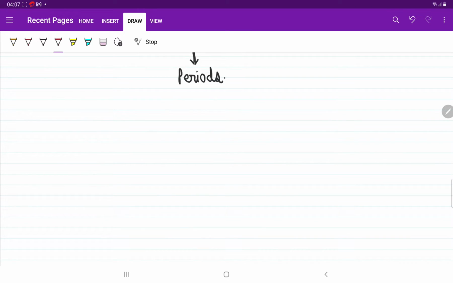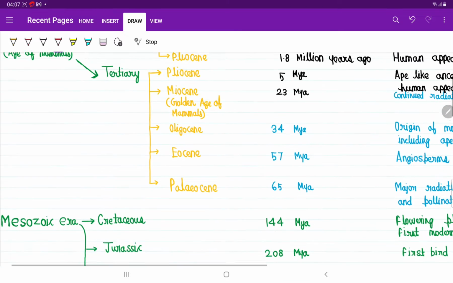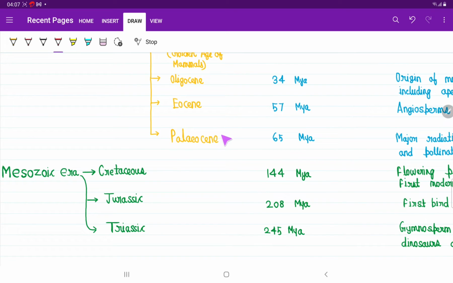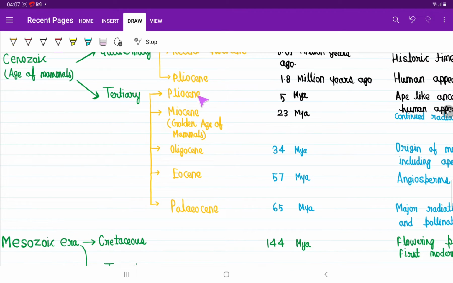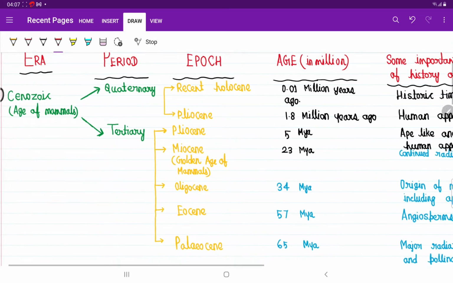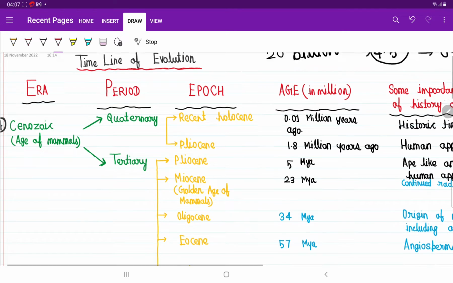Still there was a requirement to split these periods further, so we divided the periods into different epochs. The Tertiary and Quaternary periods are divided into epochs: Paleocene, Eocene, Oligocene, Miocene, Pliocene, Pleistocene, and Holocene.